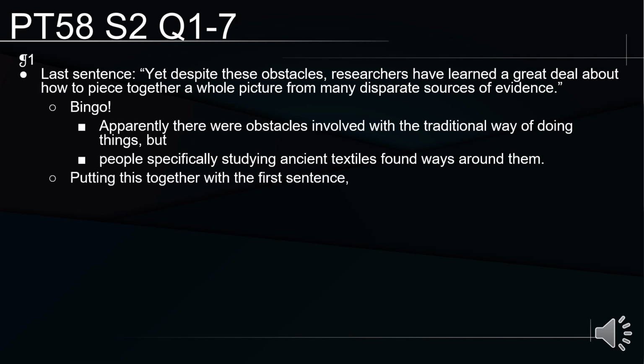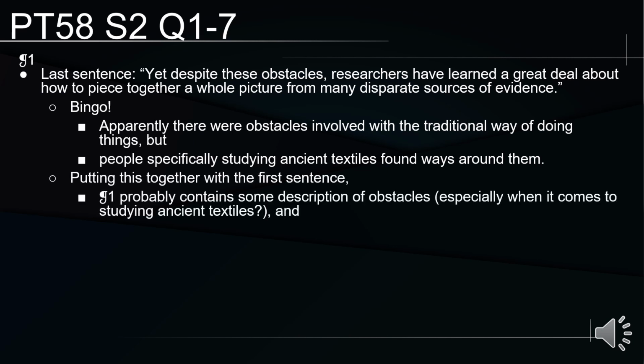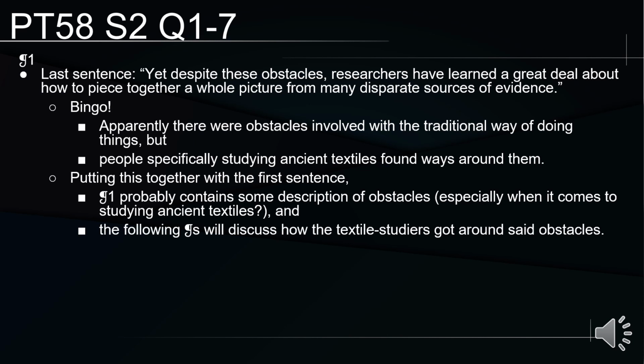Putting this together with the first sentence that we just read, paragraph 1 probably contains some description of obstacles, especially when it comes to studying ancient textiles. I don't know if that's a thing or not, but since that's what the last sentence mentioned, that's a guess that I have. And the following paragraphs will discuss how the textile studiers got around said obstacles.